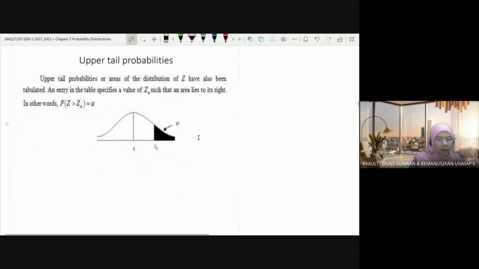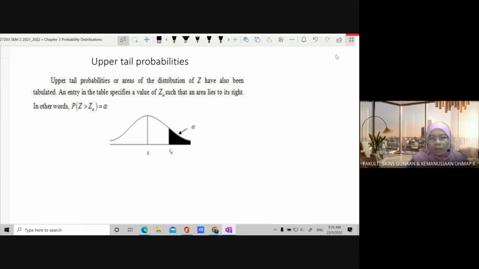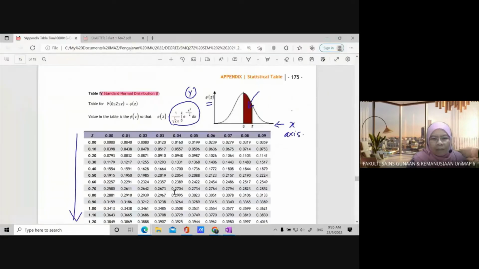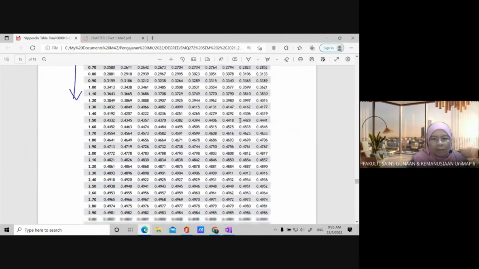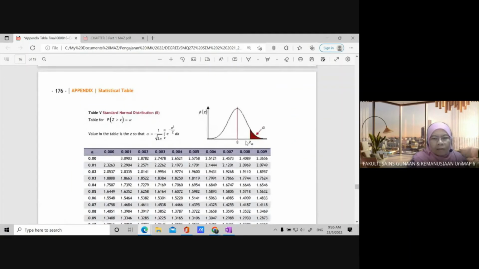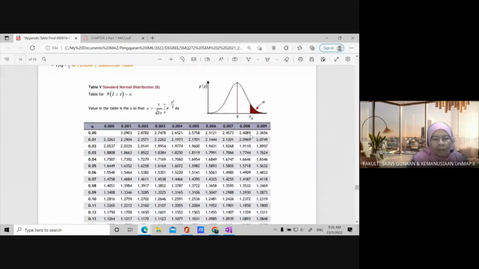Now, there will be second understanding that you need to understand about the standard normal. Because why, class? Instead of having the probability following this particular understanding, there will be one table that reflects the upper tail probability value. When you have upper tail probability value, you are referring to a different table that reflects the same value.